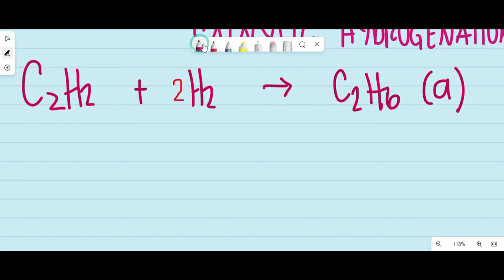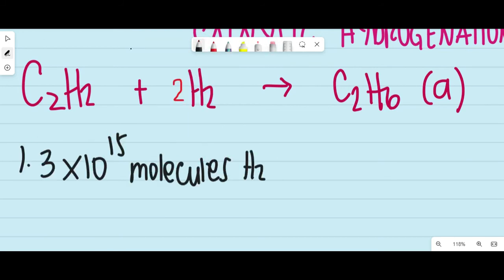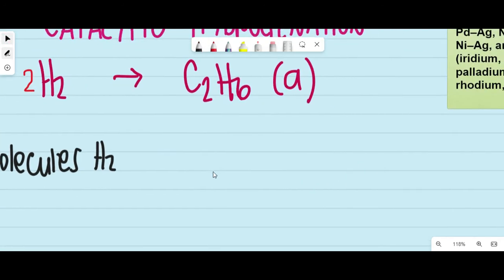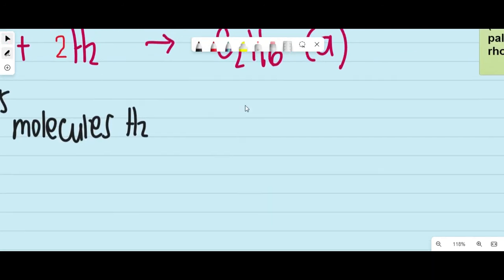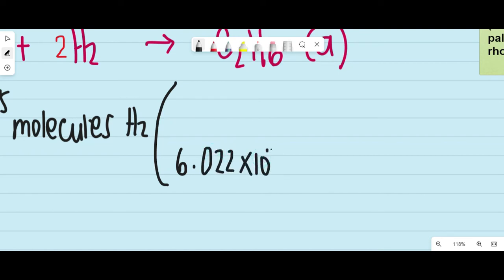So we have 1.3. Okay, let me just use a different ink color. And we note that Avogadro's number is 6.022. For every mole of a substance, that's 6.022 times 10 to the 23 molecules of that substance, regardless.